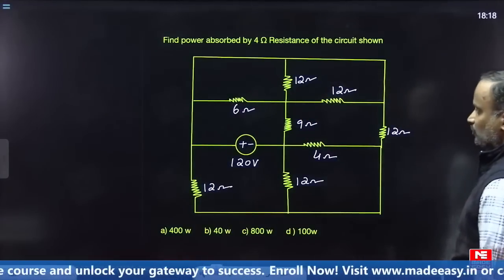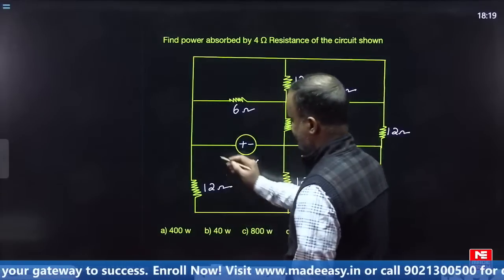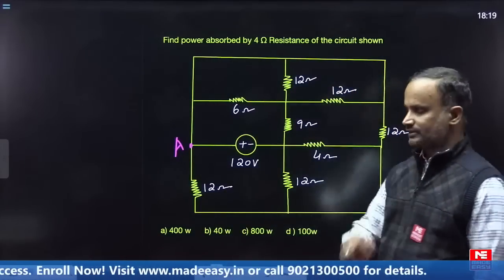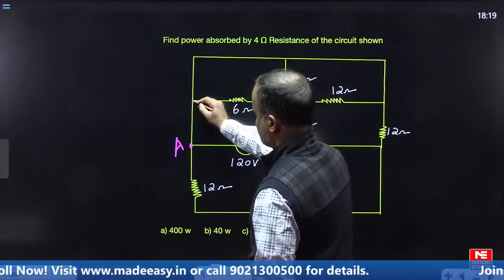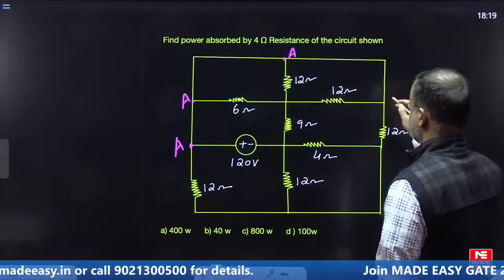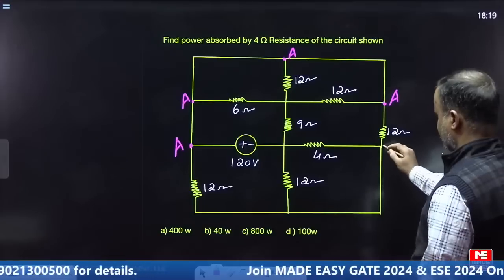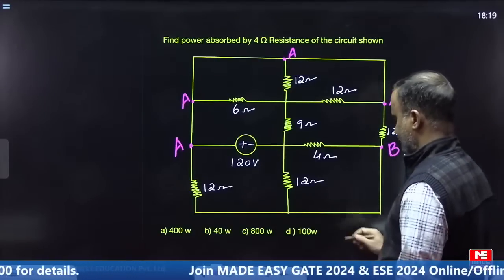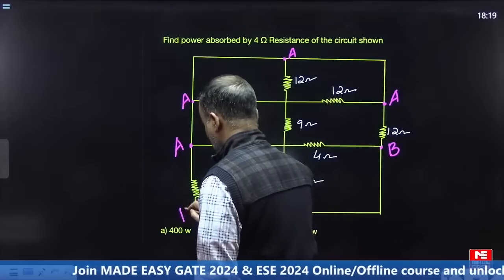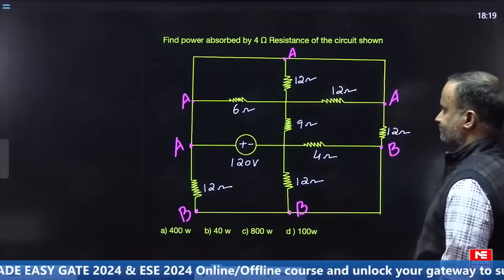Now for this example, first let us identify the connections. To identify the connections, let us give names. Let the potential at this point be A, and the potential at this point is also A, and at this point also A. Now we can give any name: the potential at this point is B, and at these points also B. Here no element is present.